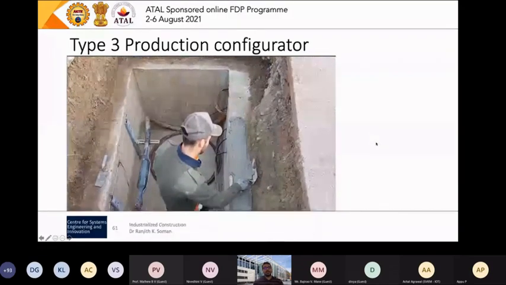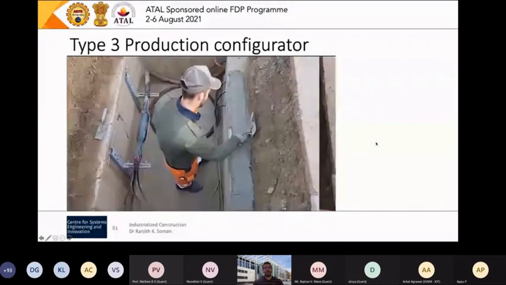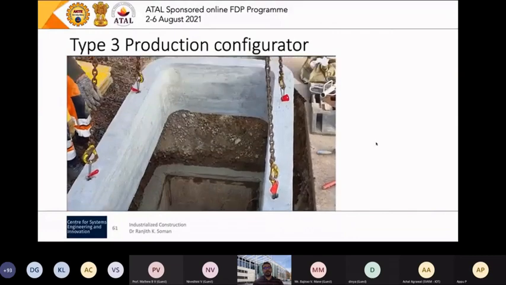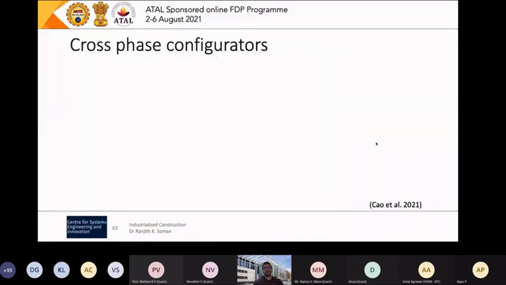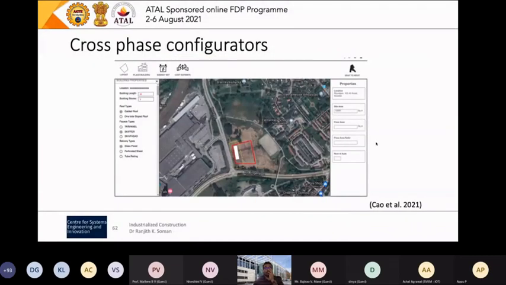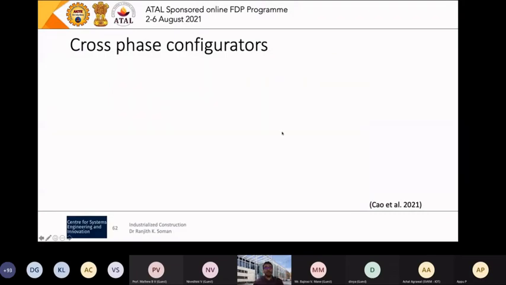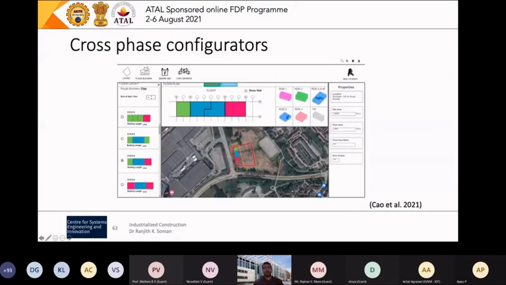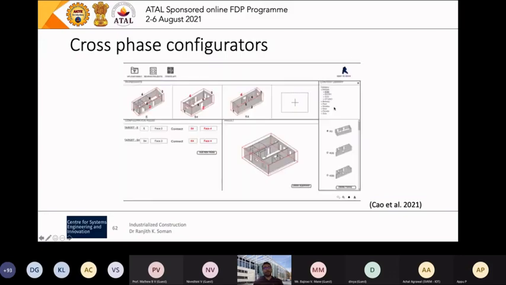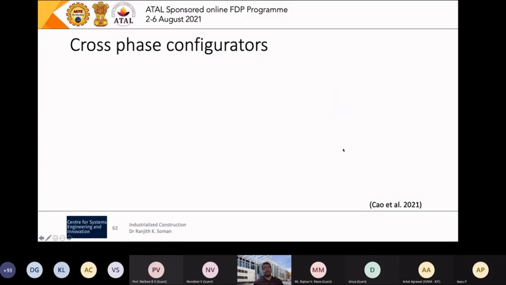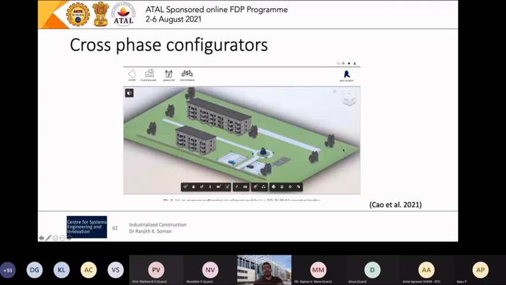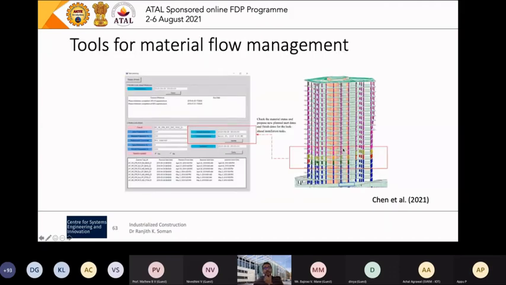For example, this is a foundation that's being 3D printed and placed in a particular position. Now there are cross-phase configurators, which do it all together, starting with the area, all the way to apartment layout, production, and finally ordering. And you get the final building out there.